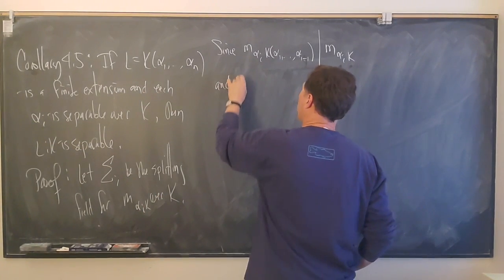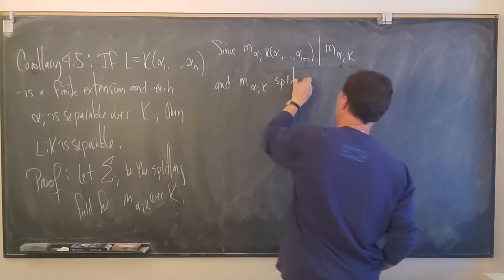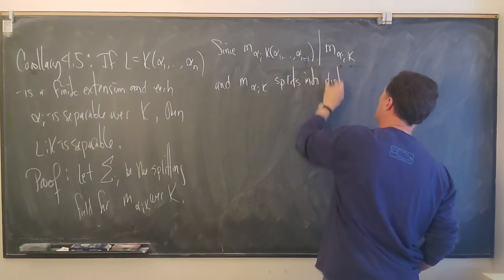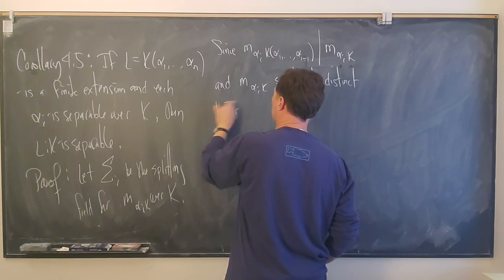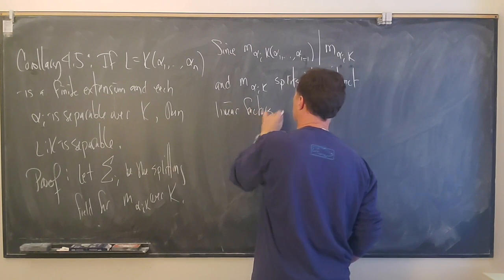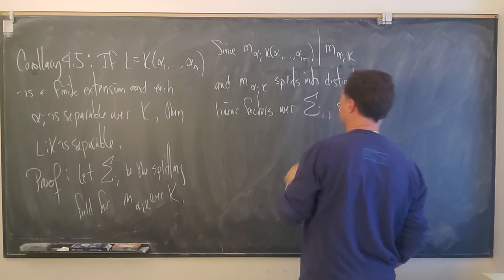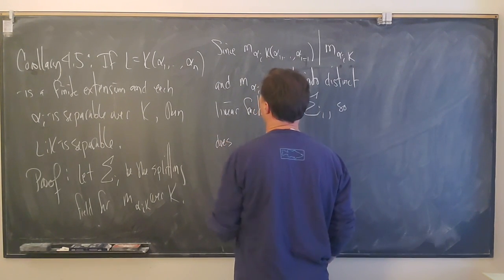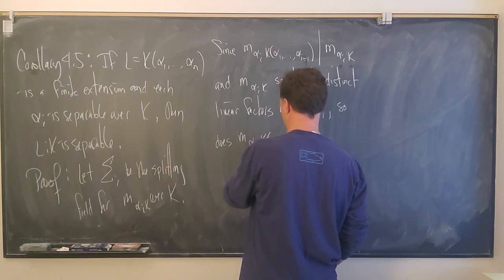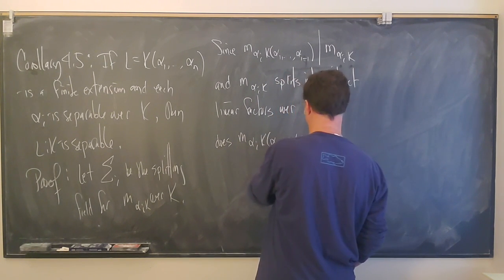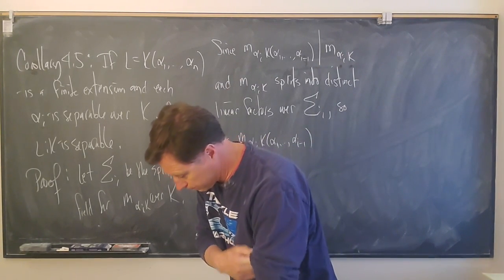So m alpha I over K splits into distinct linear factors over sigma sub I. So does m sub alpha I with respect to K adjoin alpha 1 through alpha I minus 1.